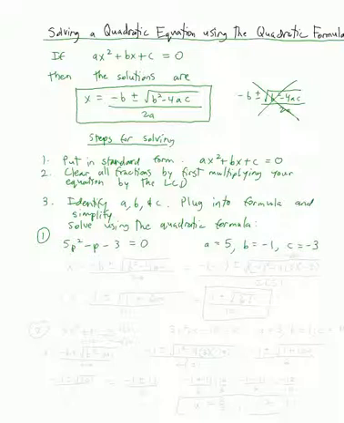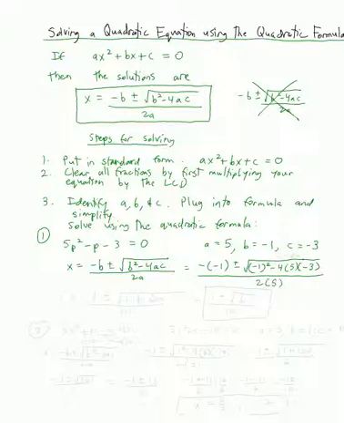I wrote down all my coefficients. So now I use the formula. Remember, x is negative b plus or minus the square root of b squared minus 4ac all over 2a, which is negative b plus or minus the square root of b squared minus 4 times a times c all over 2a.